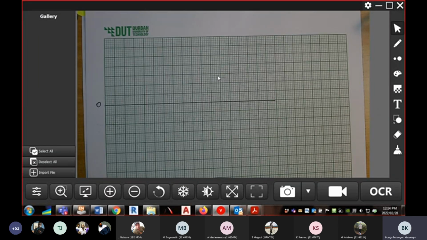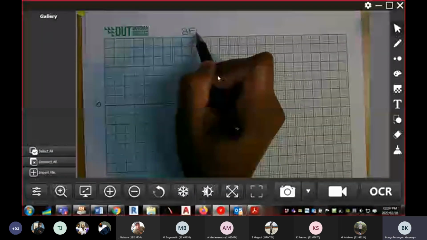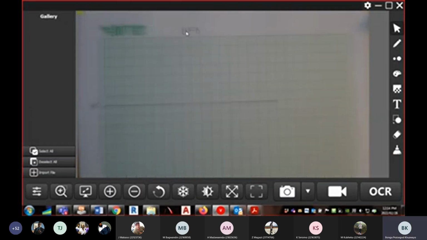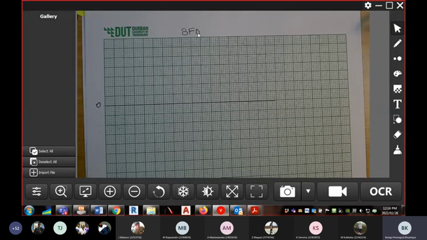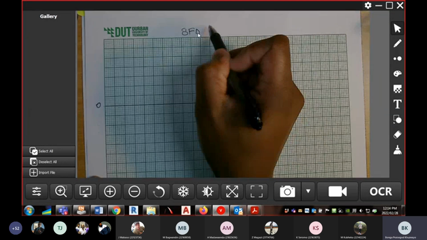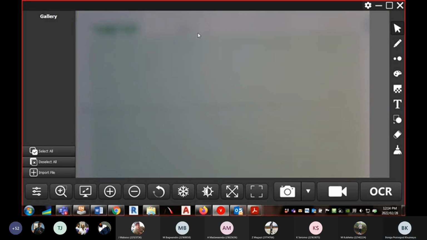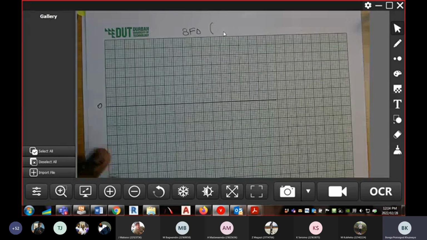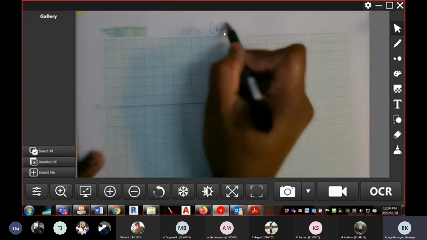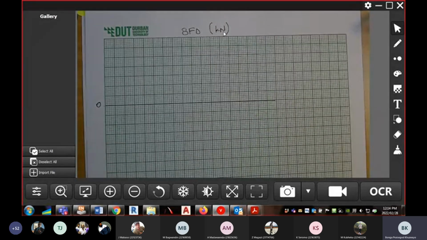We are drawing a shear force diagram. Sorry, this is S. My apologies about that. It's a shear force diagram, and the units for this, I just need to adjust. Okay, sorry. We have kilonewton. These are the units we use, kilonewton.